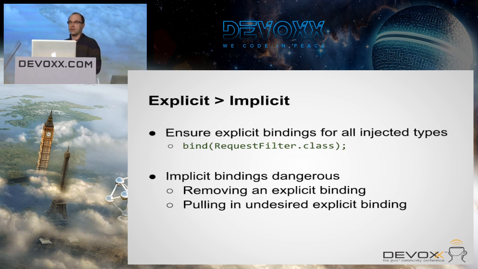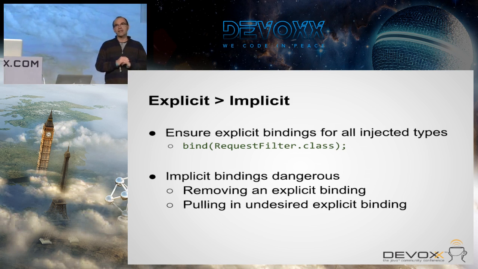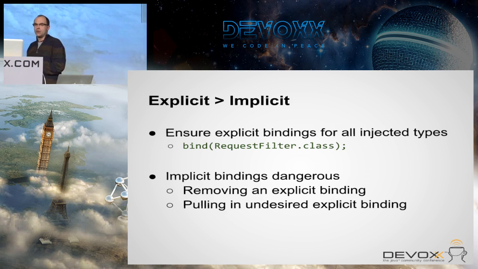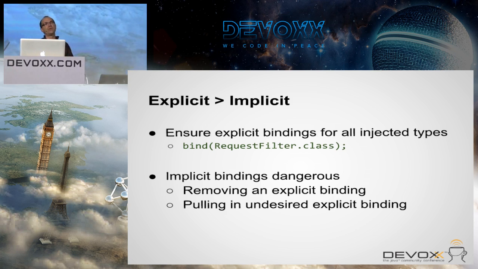The first thing that I would like to emphasize is the importance of providing explicit bindings. So, you can have implicit bindings when you define Juice components, and this is very, very convenient at the beginning, but we've learned painfully that it can really bite you. In particular, relying on implicit binding will be dangerous when you remove an explicit binding.